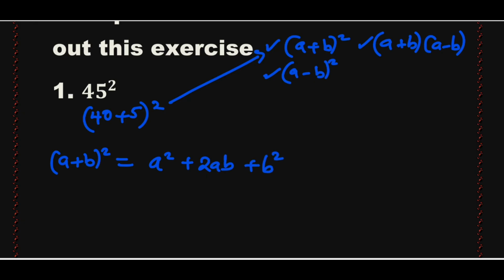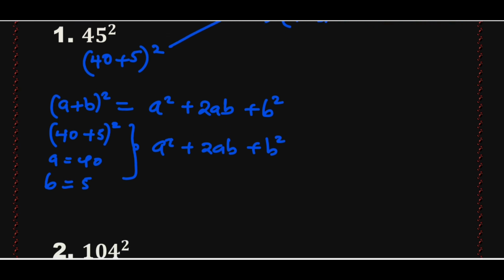Now, our identity is 40 plus 5 squared, for which our a is 40 and our b is 5. So I want us to use a squared plus 2ab plus b squared to work out this. Where there is a, substitute 40 squared plus 2 by a, which is 40, by b, which is 5, then plus b squared, which is 5 squared.